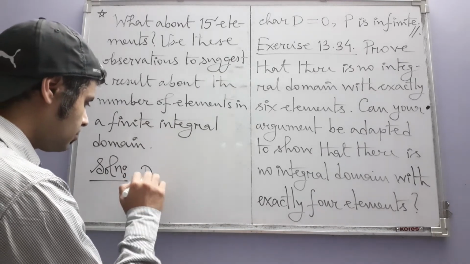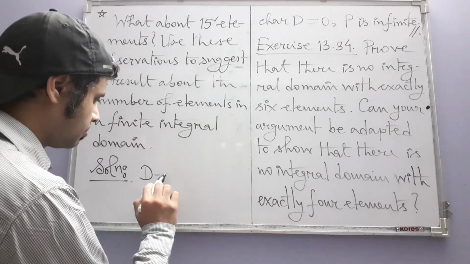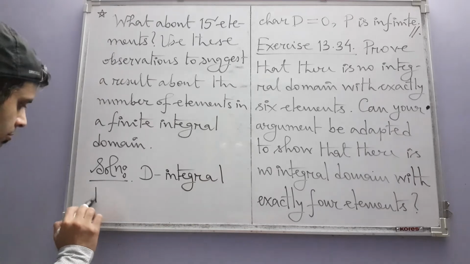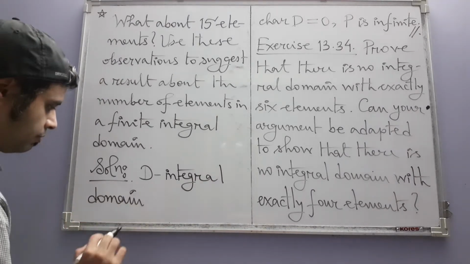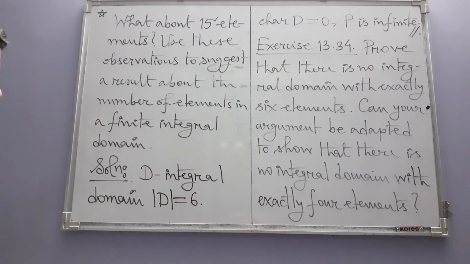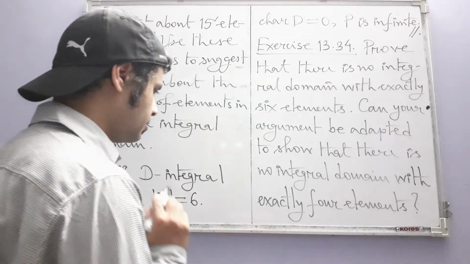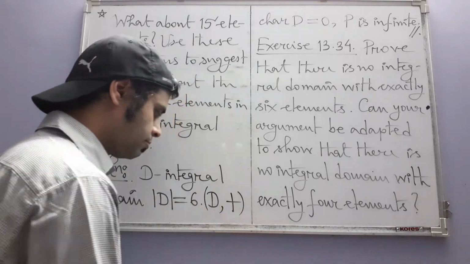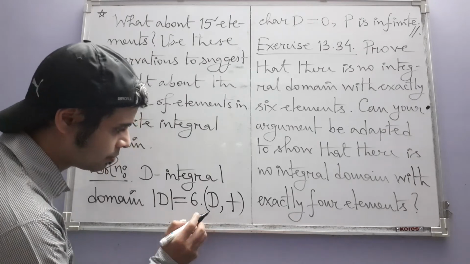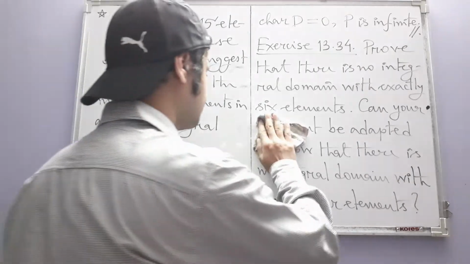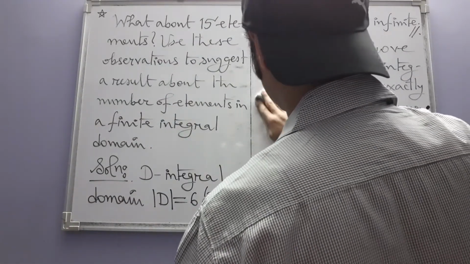Say D is an integral domain for which there are 6 elements in D. Now you consider this fact. This is a group because after all D is a ring, so it's a group under its own addition. Do you see how much we are using group theory?